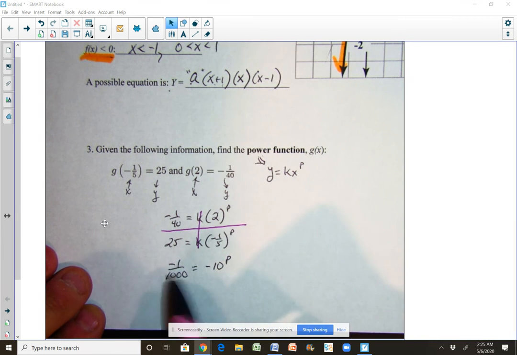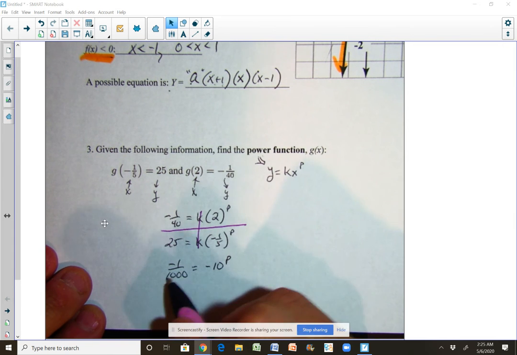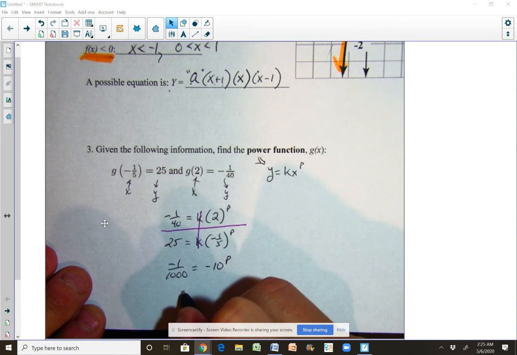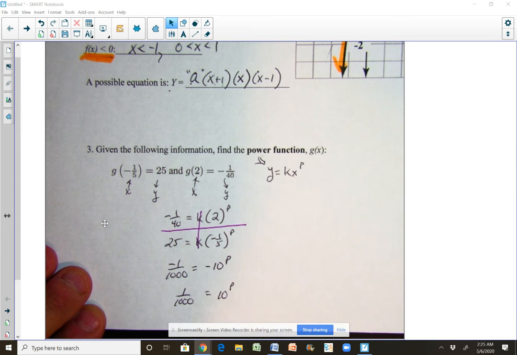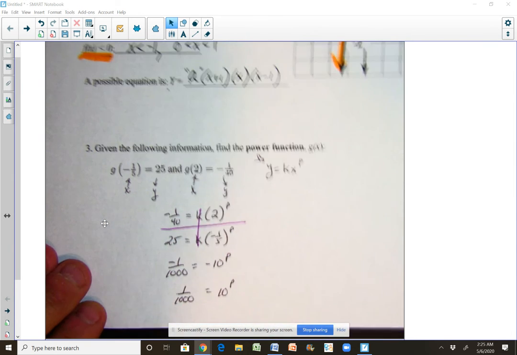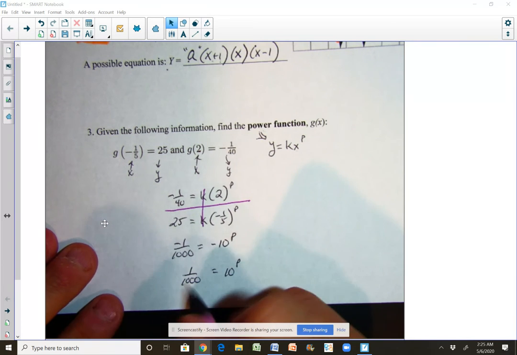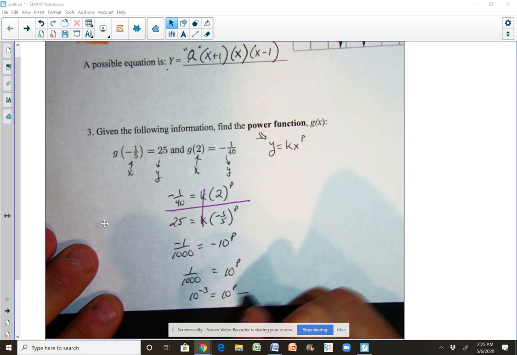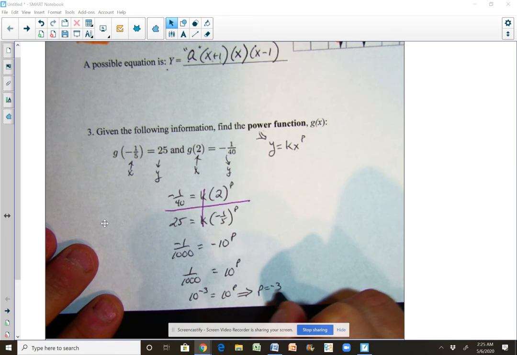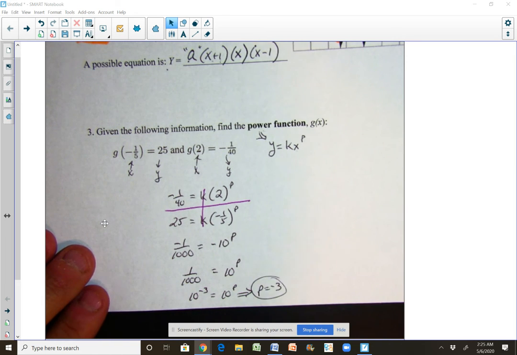Because they're both negative and because of the symmetry of power functions, we can eliminate the negative and rewrite this as 1/1000 equals 10 to the p in order to solve for p. These share a common base. 1/1000 can be written as 10 to the negative third, and that's the same as 10 to the p. That tells us that p is negative 3. So we've got one of our pieces of the power function.